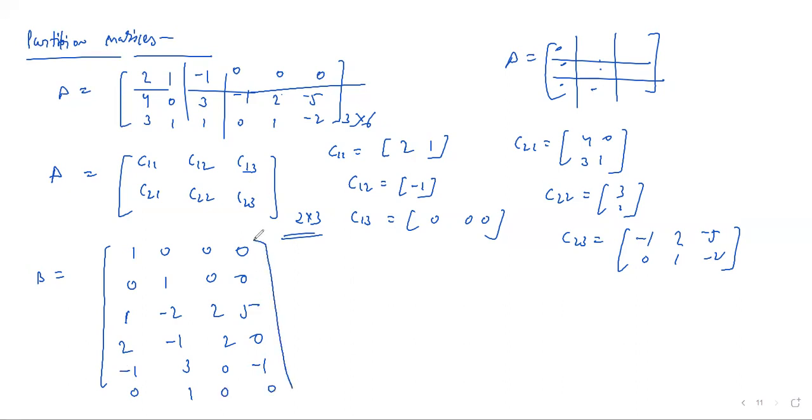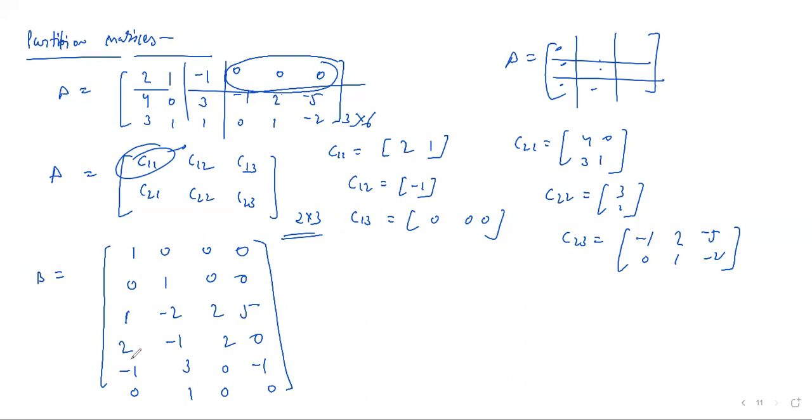The thing to notice here is that if I have a matrix which has many zero elements, we try to take the zero elements into one submatrix, because it will help us in multiplication, addition, or any calculation. I'm so sorry about that.